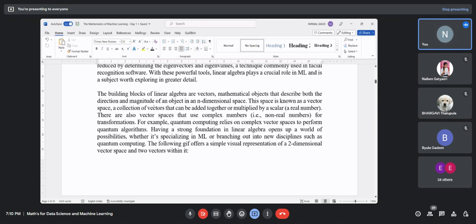So linear algebra is a building block. It comprises vectors, mathematical objects that describe both direction and magnitude, you know that. What kinds of quantities are available in mathematics? We have scalar quantities and vector quantities. Scalar quantities are those which only have a magnitude, and we can have a numeric representation of them.